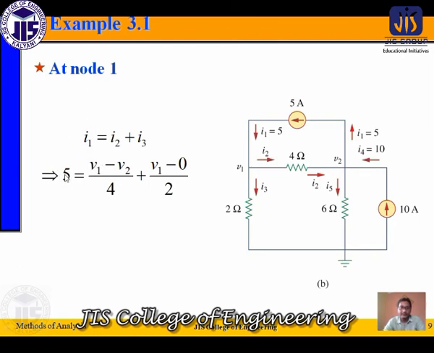So the I1 current we have written over here, this 5 ampere. Similarly I2 current. I2 current originates from this V1 node and goes to the V2 node, and obviously in the path of this I2 current, there is no current source, no voltage source, only resistances are there. So what is the voltage difference? The voltage difference is V1 minus V2 divided by this 4.